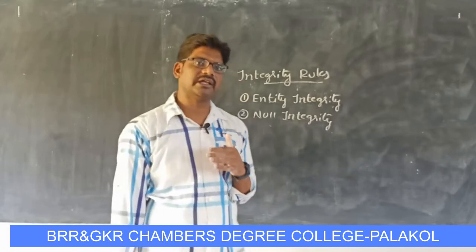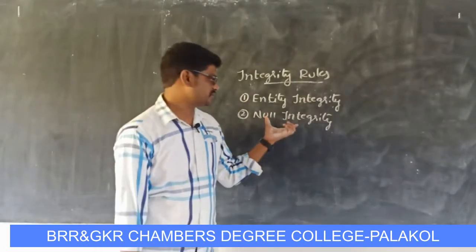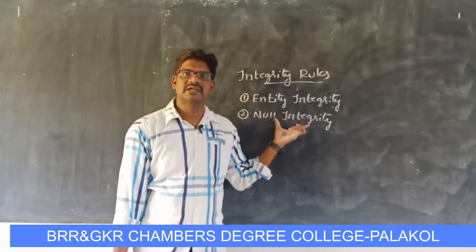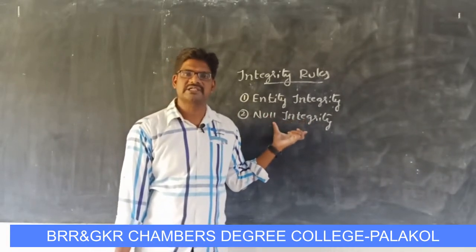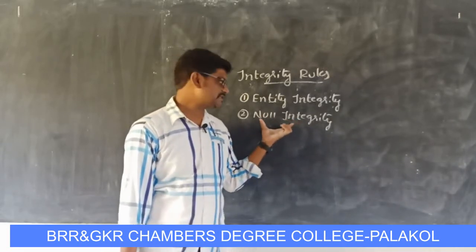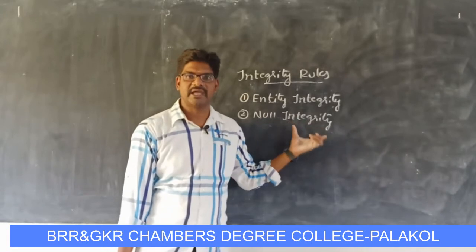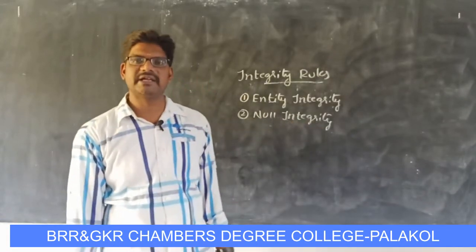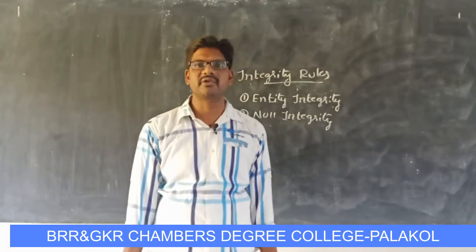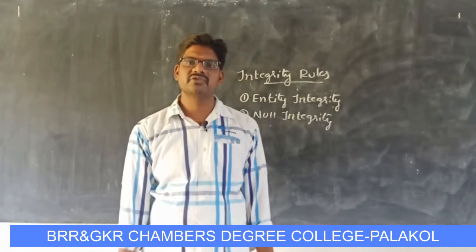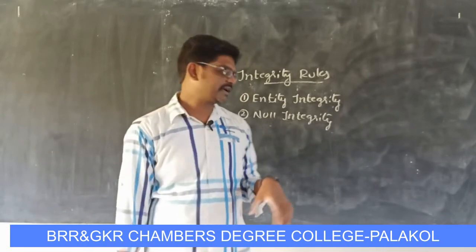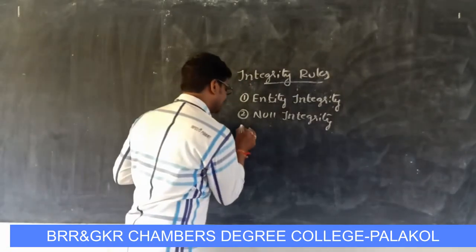So that is called null integrity. Okay, and the next one is domain integrity. What is the meaning of domain? All the possible values of an attribute is called the domain. So we have to maintain all the possible values within the database, that is called domain integrity.